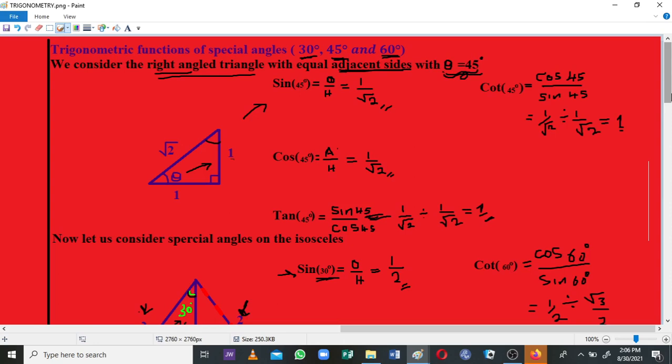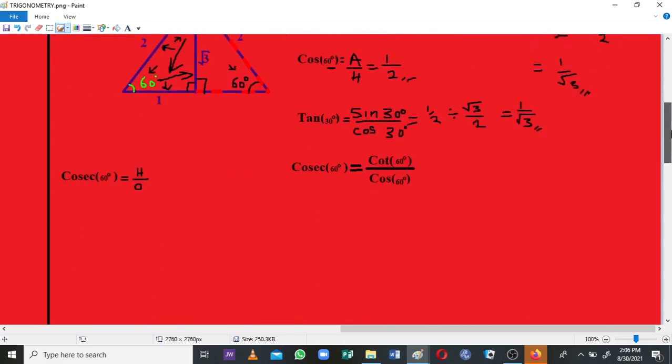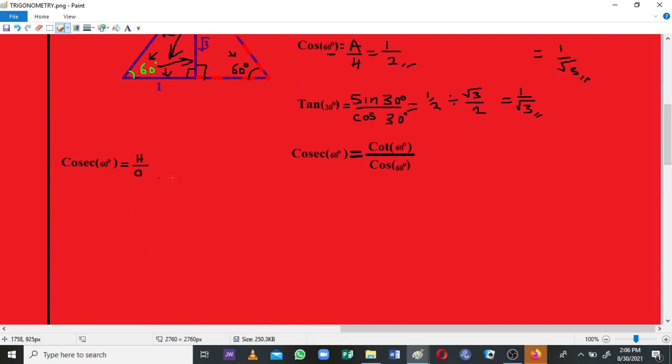So we can proceed. We can also try to solve cosec 60 degrees using this ratio here. We know that cosec 60 degrees is equal to cot 60 over cos 60. But we know that cot 60 degrees is what we just found, and we've gotten 1 over the square root of 3 as the answer for cot, right?